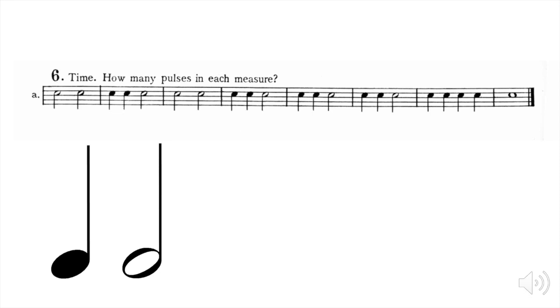And we sing them like ta. We have also learned three pulse notes, which look like that, and we sing that ta. And we have also learned four pulse notes, which look like this, and we sing that like ta.